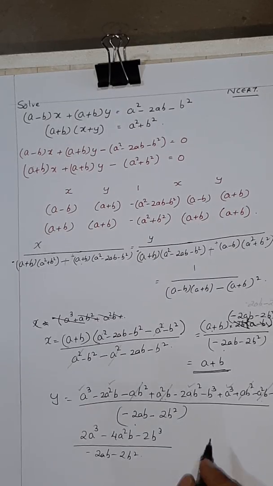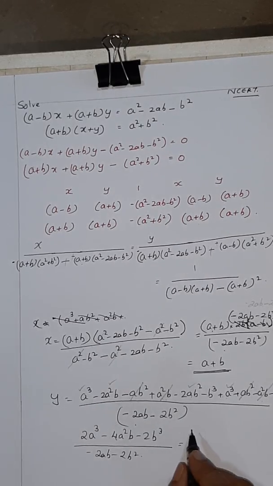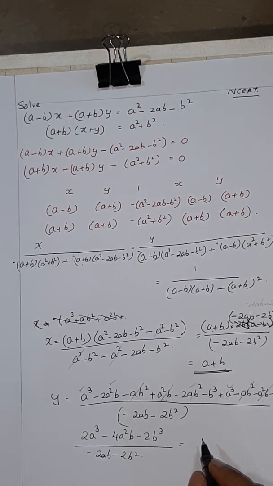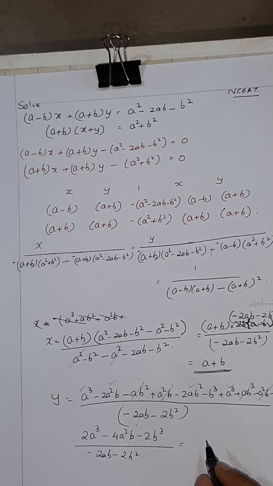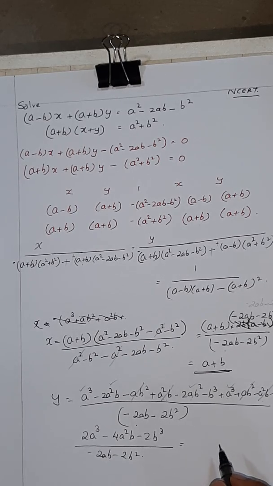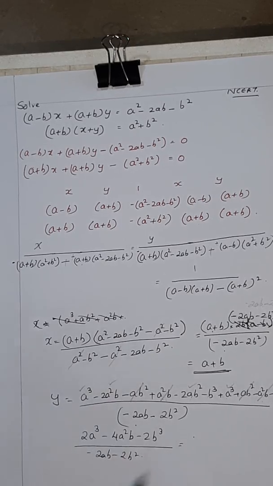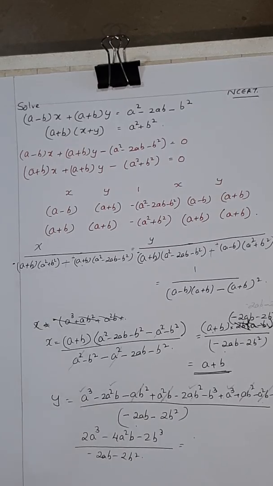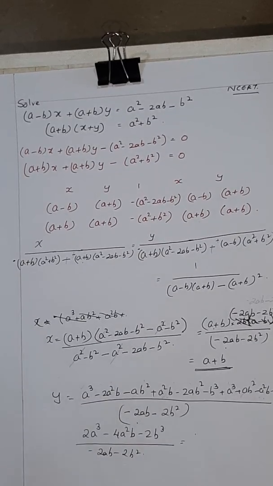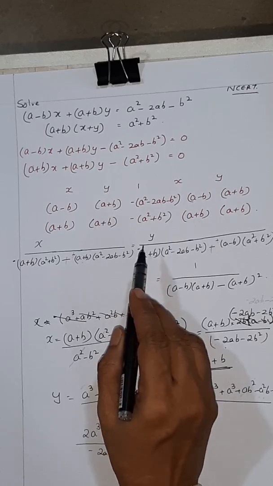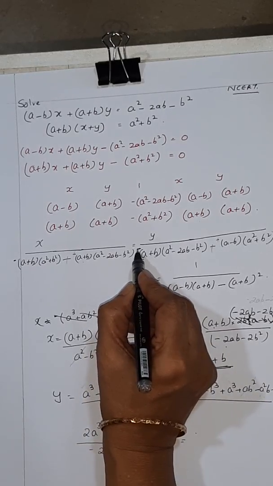So this I will write it as 2b, somewhere I made a mistake, I think. I am sorry, I have made a mistake here. See, this is minus.